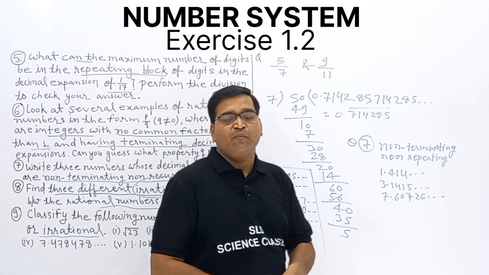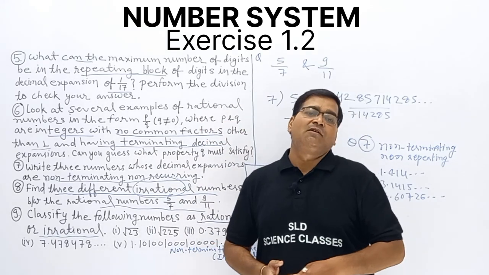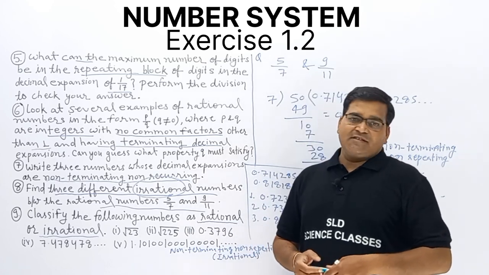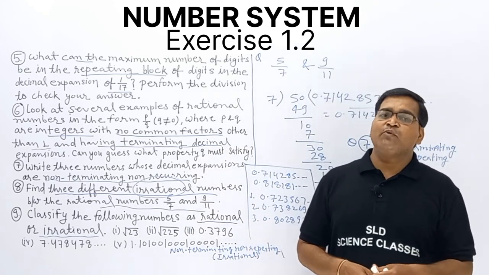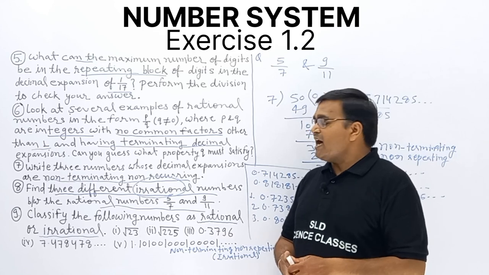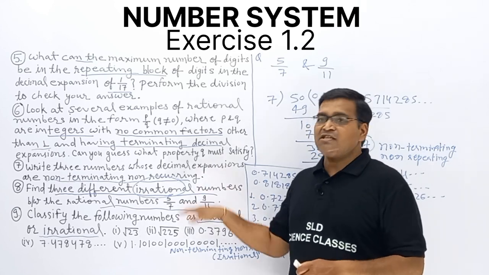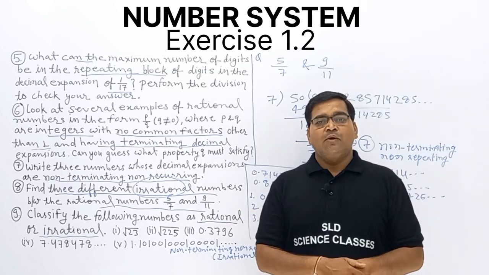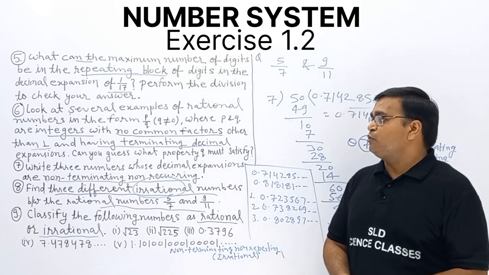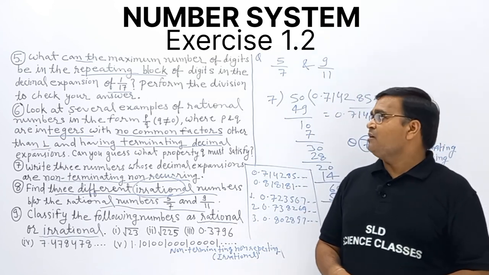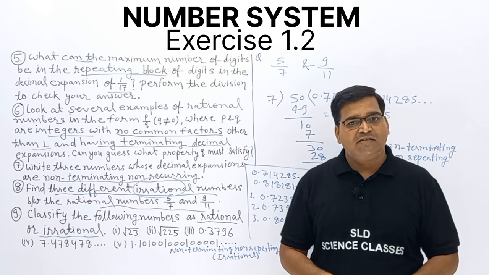In this way we complete all these questions. In exercise 1.3 we have 9 questions. In this class we discussed questions 5 to 9, and the remaining 1 to 4 we already discussed in another class.